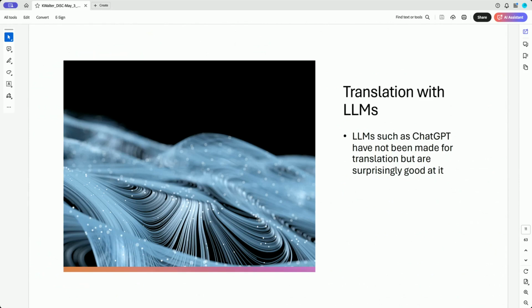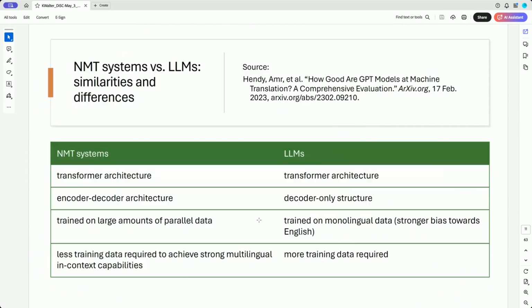Translation with large language models is a fairly new thing, obviously, but for now I'm just going to say that large language models were not made for translation, but are surprisingly good at it. This paper from 2023 compares NMT systems and large language models on general terms. They're both using a transformer architecture, but whereas NMT systems have an encoder and a decoder, large language models have a decoder-only structure.